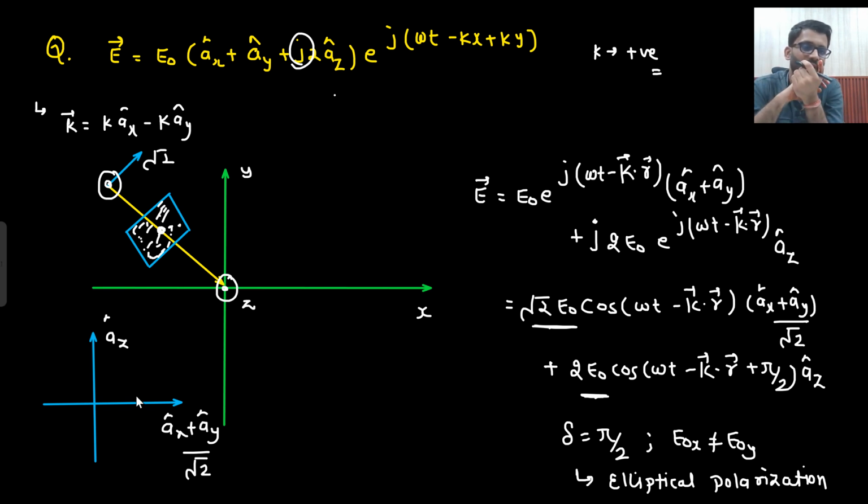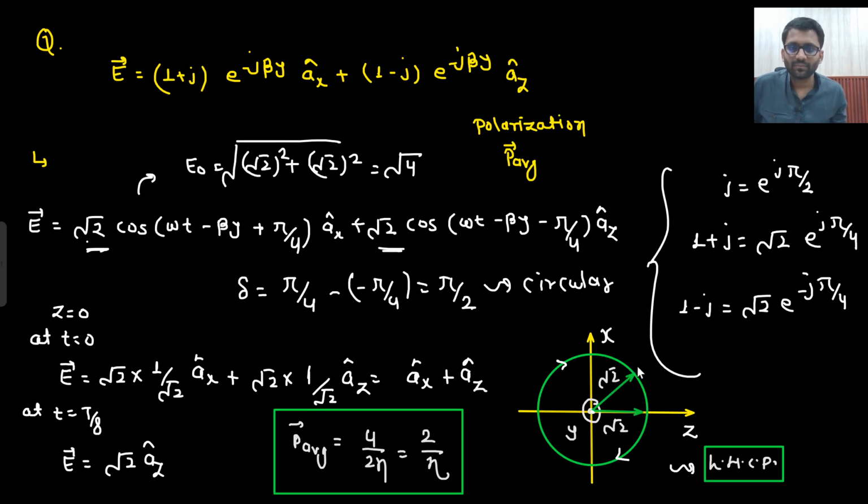Now I need to put z equals to 0. What will be the equation of this plane? Can anyone let me know? Whatever the equation of this plane is, in the previous cases, here I was putting y equals to 0.